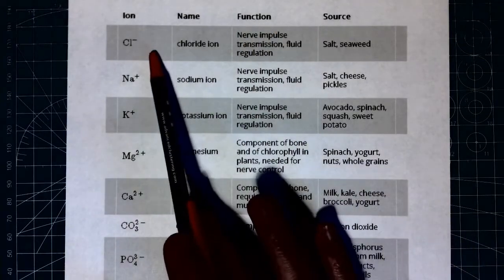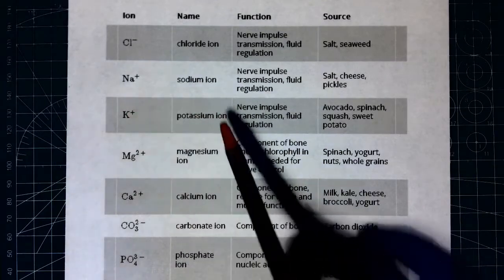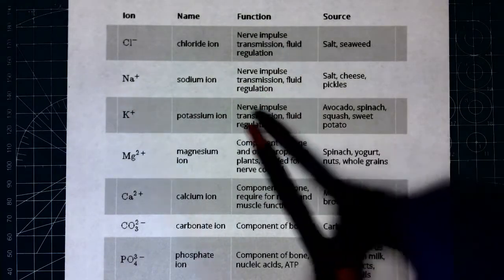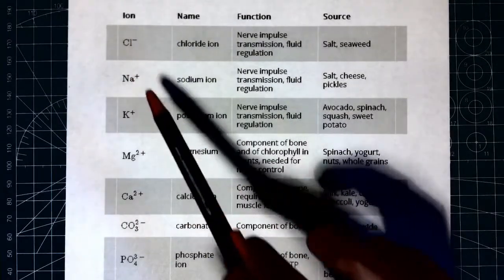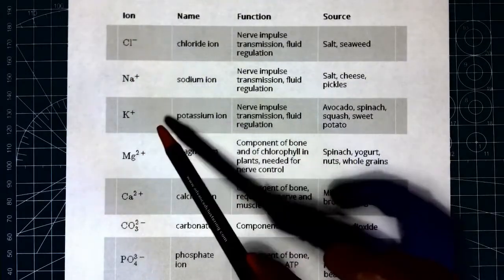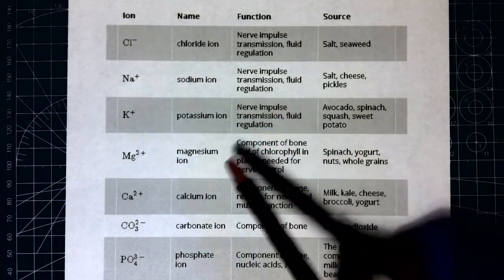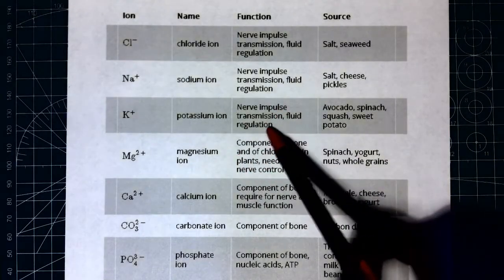You can see that sodium chloride and potassium are all important for nerve impulses. You're moving around these ions in order to produce the electrical pulses that power our nerves, and also fluid regulation.